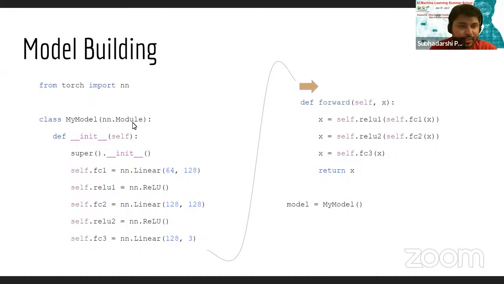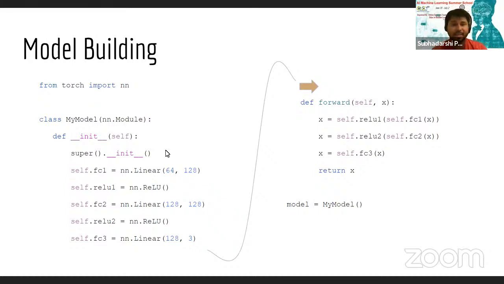This should have two different methods inside this class. One is the init method, and the other one is the forward method. In the init method, we define all the layers of the neural network. And in the forward method, we define how the data flows through this network.